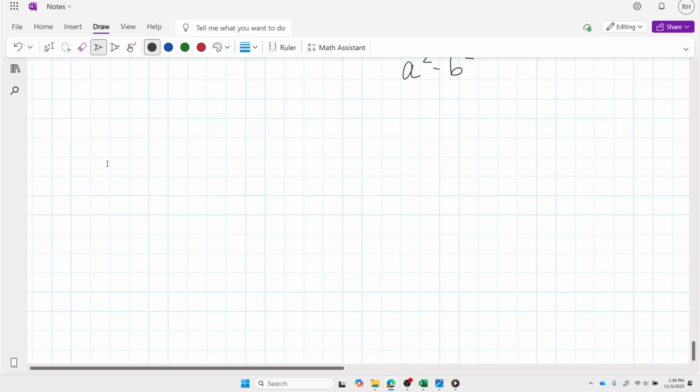So 25x squared minus 49. You've got no middle term, so understand you're going to have two factors.